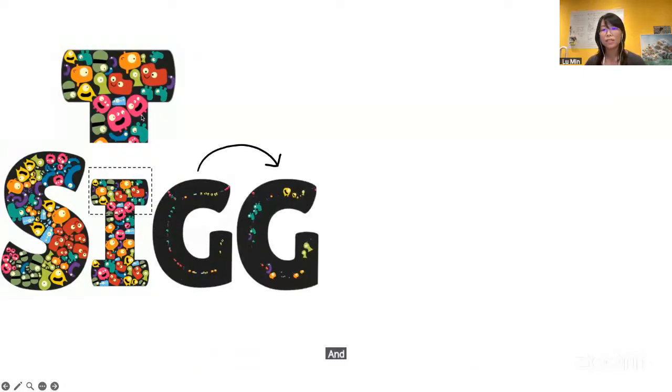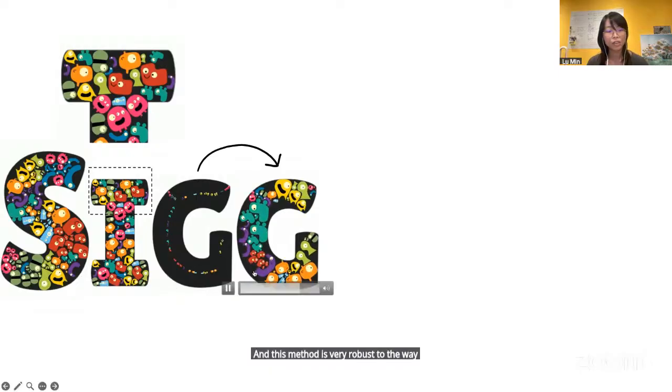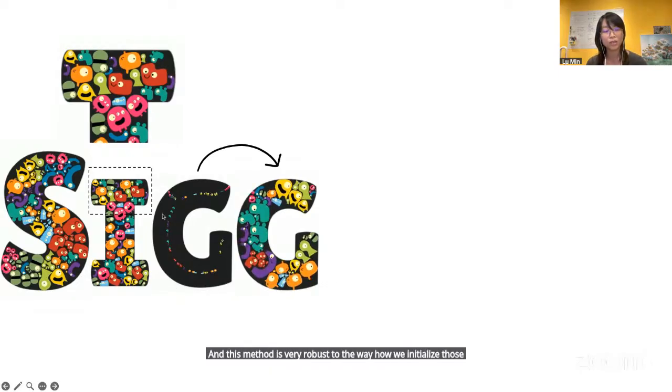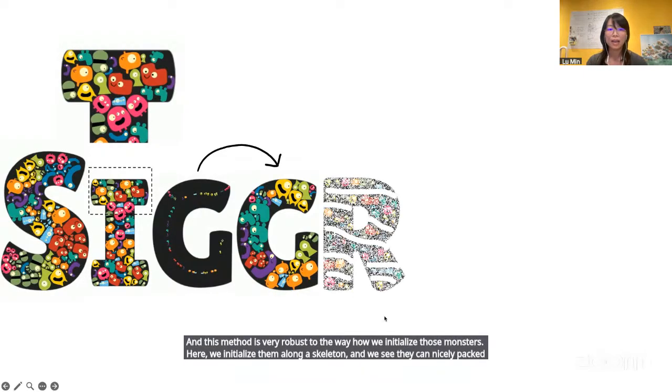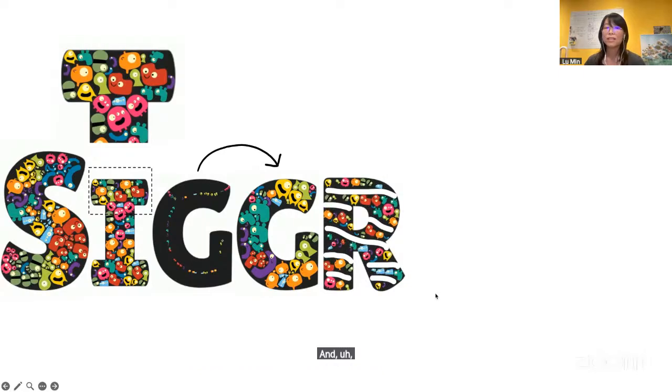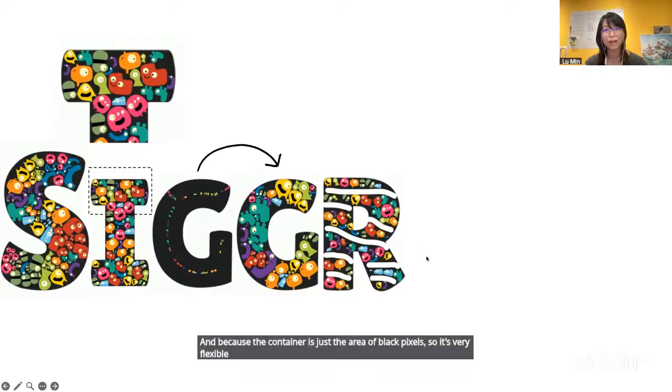This method is very robust to the way we initialize those monsters. Here we initialize them along the skeleton, and we see they can still be nicely packed. And because the container is just the area of black pixels, it's very flexible to define where the containers are.